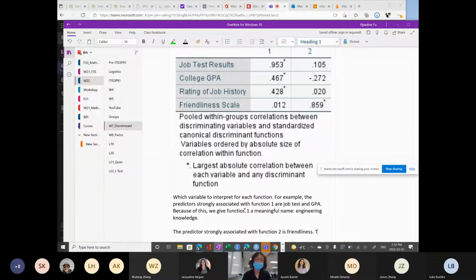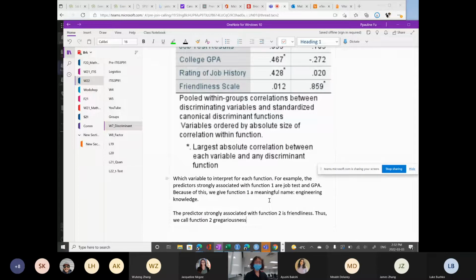Okay, so thus, we give function 2 a name: gregariousness. Because function 2 is related to friendliness.